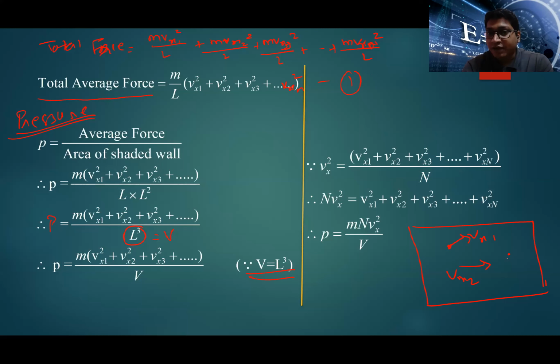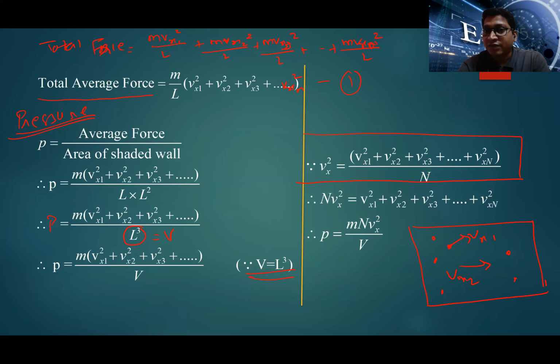If we have to find the average of all these speeds, all these velocities, we can find the mean of the square of all the speeds, and that is given by this particular formula, which is Vx square. Of course, since we are finding the average of all the x components of the speed, Vx square is going to be the sum of the squares of the x components of n molecules divided by the number of molecules.